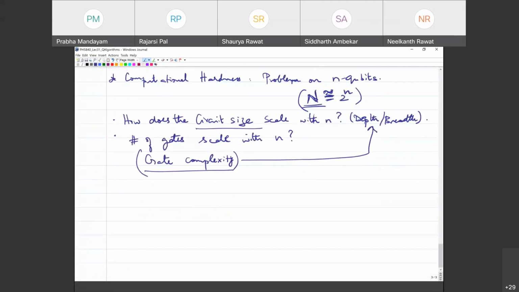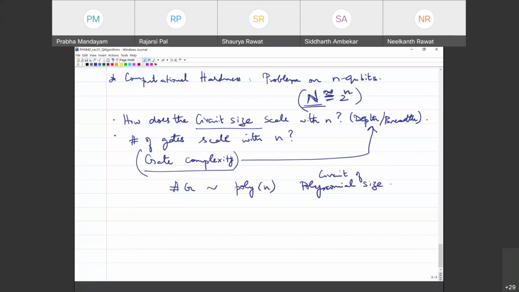And if this grows as a polynomial function of n, so if the number of gates goes as poly n, we say that we need a circuit of polynomial size, essentially.